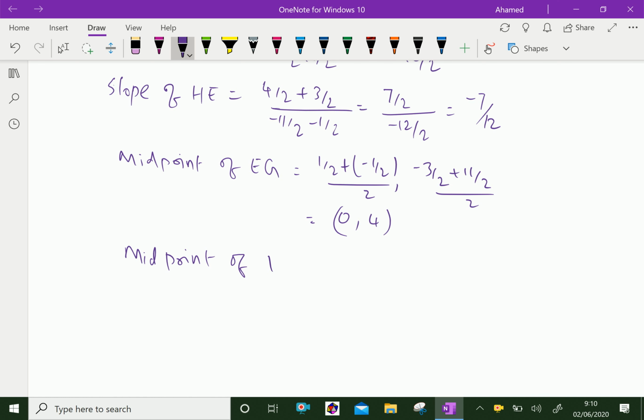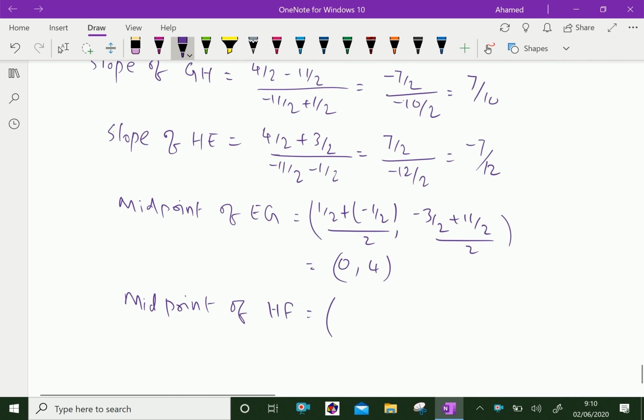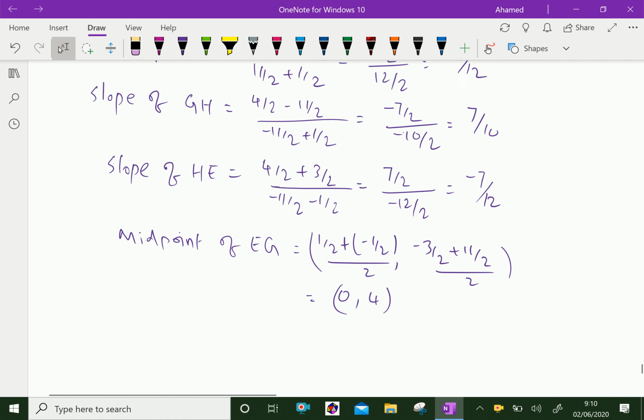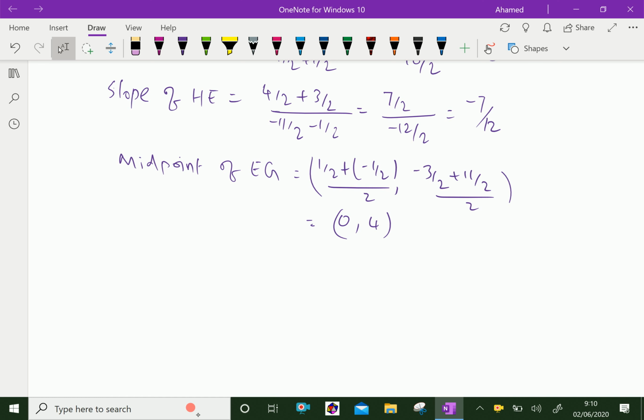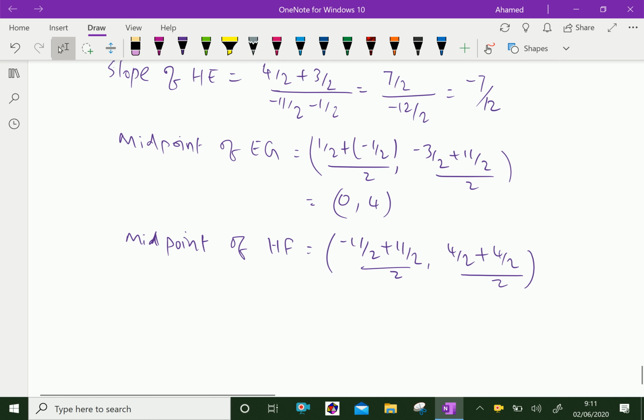Midpoint of HF, with points H and F: (-11/2 + 11/2)/2 is 0, and (4/2 + 4/2)/2 is 4.